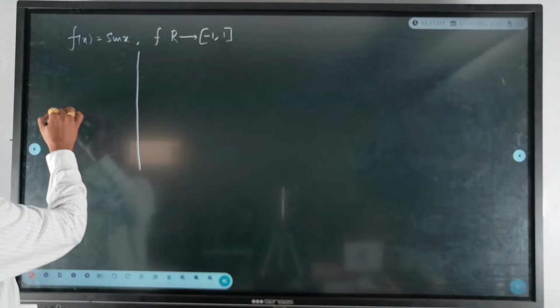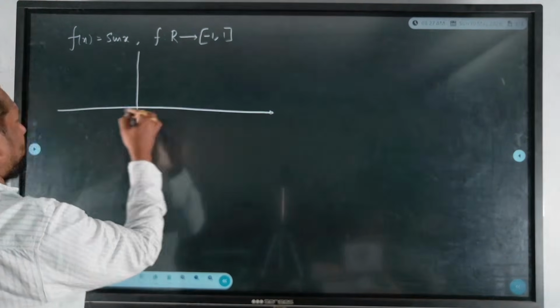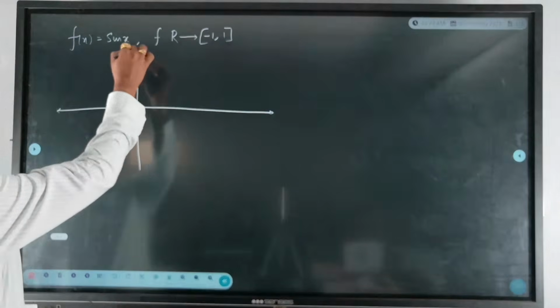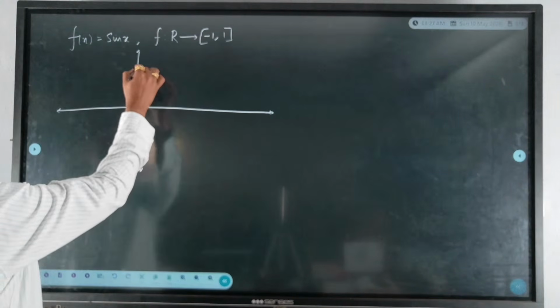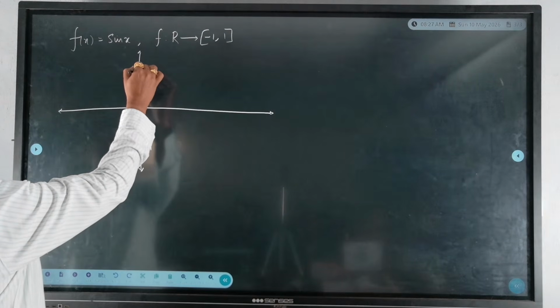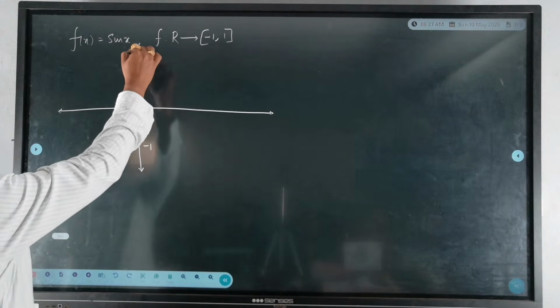So the entire sine graph oscillates between +1 and -1.